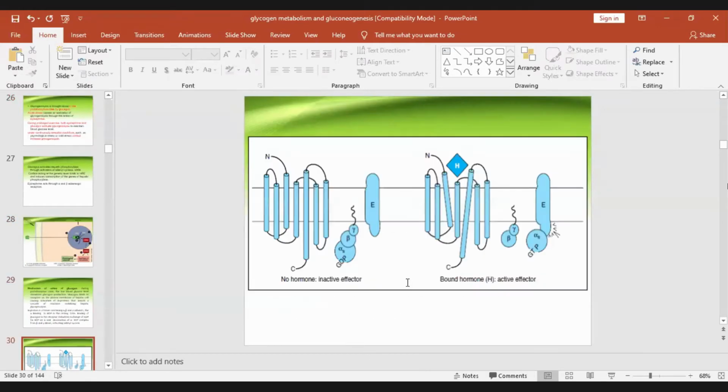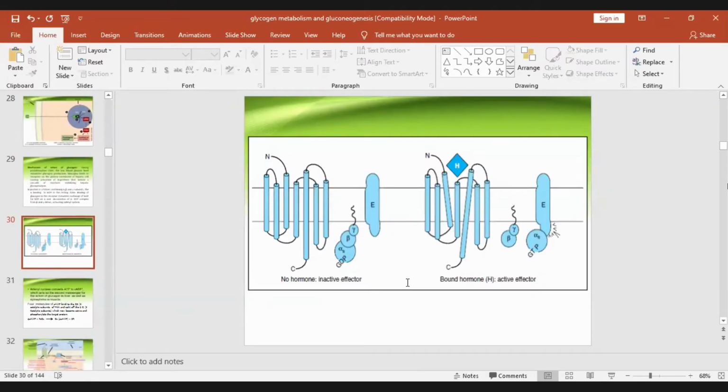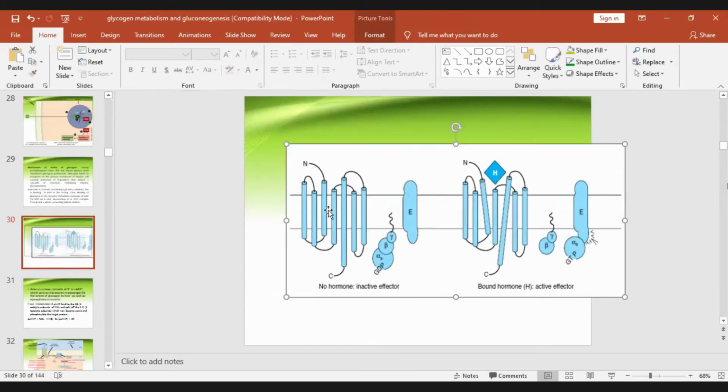Whereas glucagon has a receptor at the cell membrane surface. When it binds, it activates a G protein. The G protein consists of alpha, beta, gamma; it's a trimer, and to the alpha, GDP is attached.